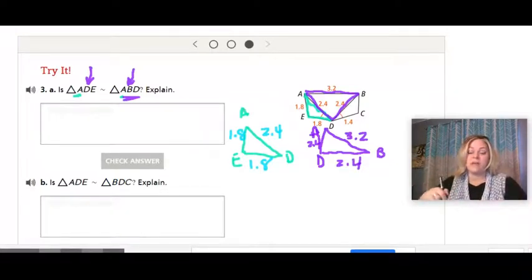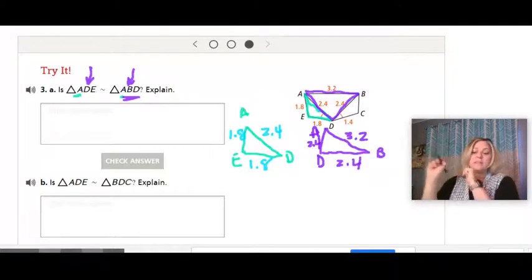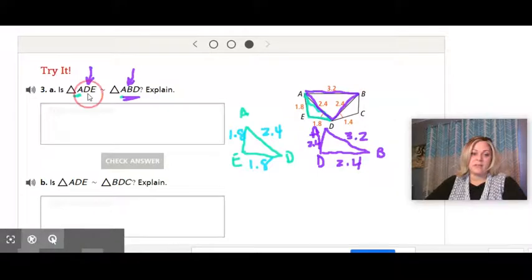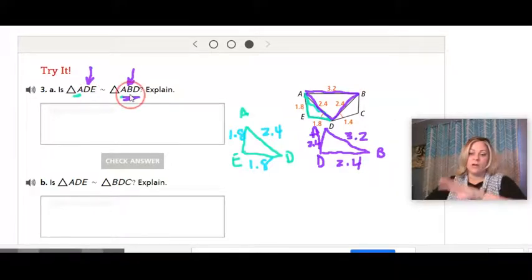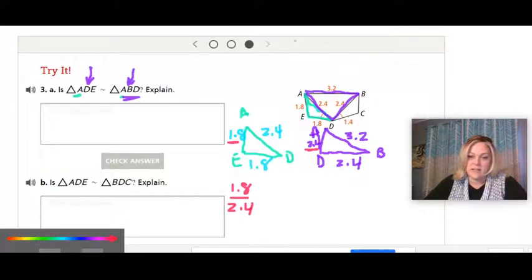So get in the habit of just drawing one triangle that it's easy to see, then drawing another triangle that kind of looks the same, but then worry about the measurements, like the location of the letters, what order they go in, and then label accordingly. In this case, I'm doing small to big, so I have small triangle to the big triangle.